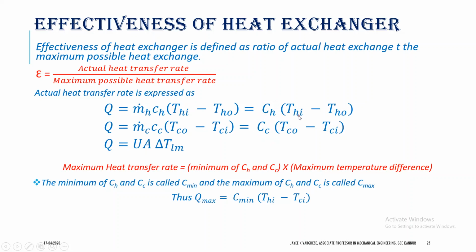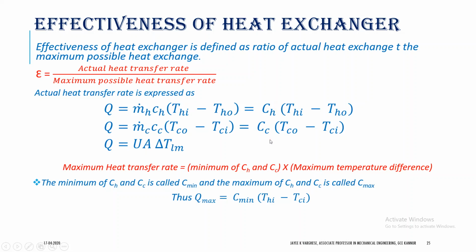Now since the product of these two terms should be equal, we can have different cases. Suppose the heat capacity rate of the hot fluid is more than the heat capacity rate of the cold fluid. I repeat, the heat capacity rate of the hot fluid is more than that of the cold fluid.